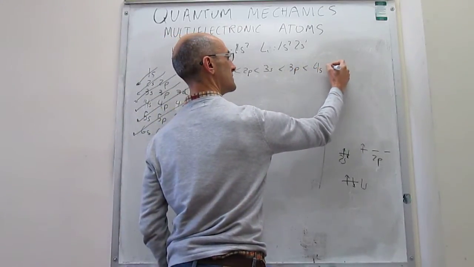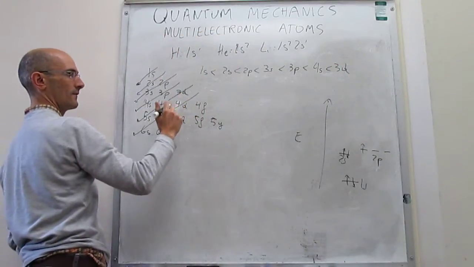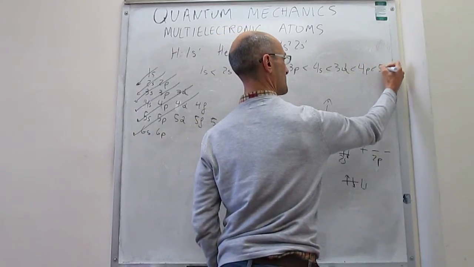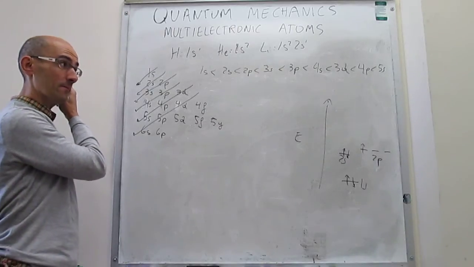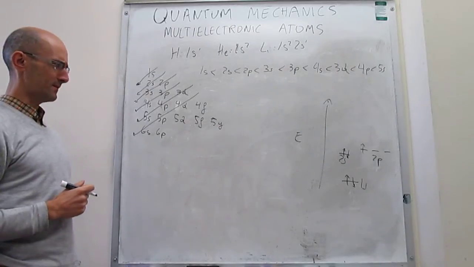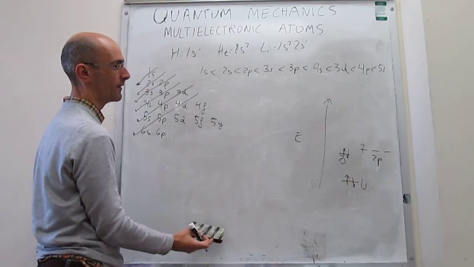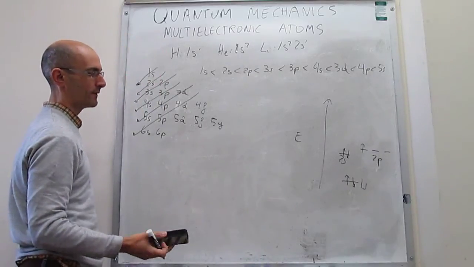So 4s, 3d, and then after 3d, 4p, 5s, and so forth. Again, that describes all of the possible orbitals that you can have for atoms in the periodic table. So that takes care of the problem of the orbital ordering beyond atoms of lithium and boron and so forth.